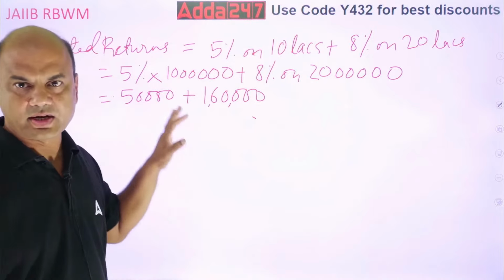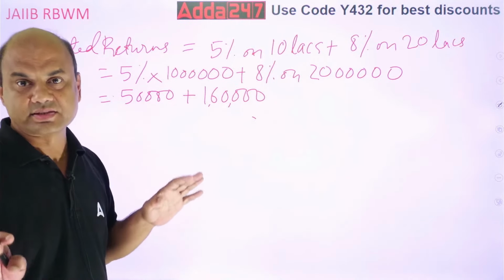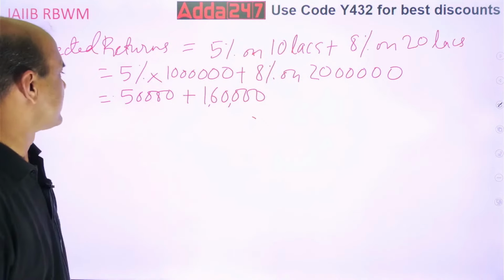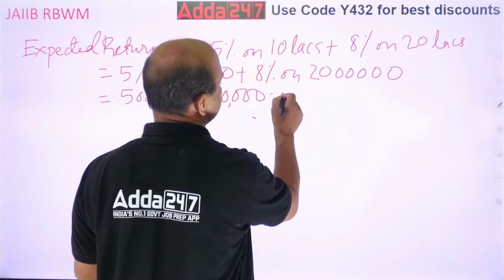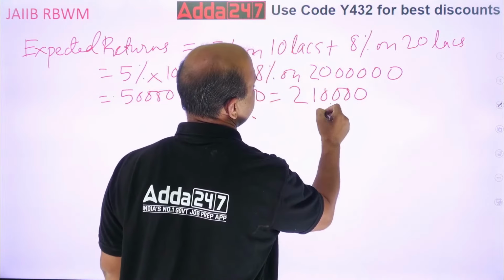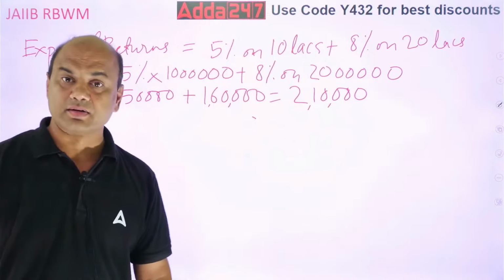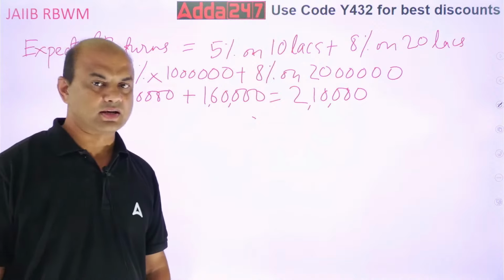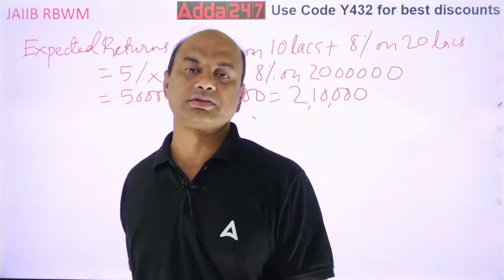If you can't understand this, do it on the calculator. So 50,000 plus 1,60,000 is 2,10,000. This is the expected returns.